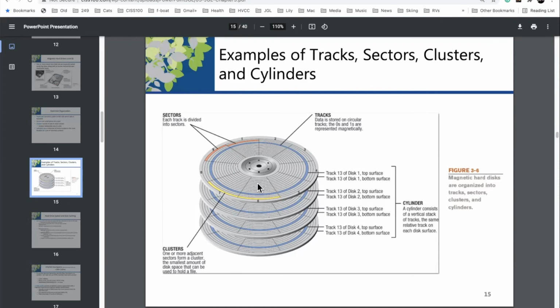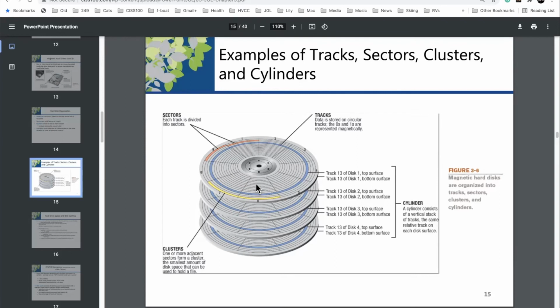So it makes sense. If I need a piece of data from this particular track, I'm just trying to show it with my mouse there, quite likely the next instructions or the next pieces of data I need are adjacent. They're coming in the next sectors or clusters. So it makes sense, since my read-write arm is already there, I don't have to move it.